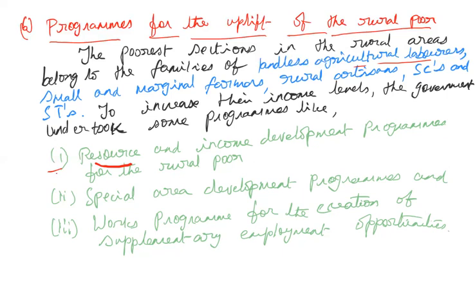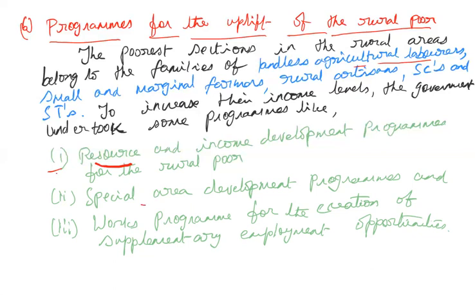Maybe it is not possible to cultivate wet crops like paddy or wheat, but at least dry crops can be cultivated in those areas. So some program has to be devised according to the suitability of that particular area, so that the people who got the land in that area will start earning a certain amount of income. That is the special area development program.